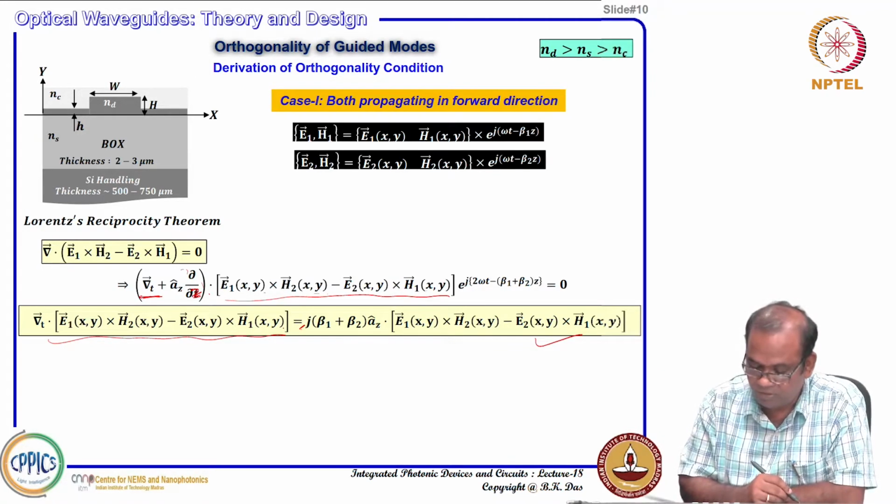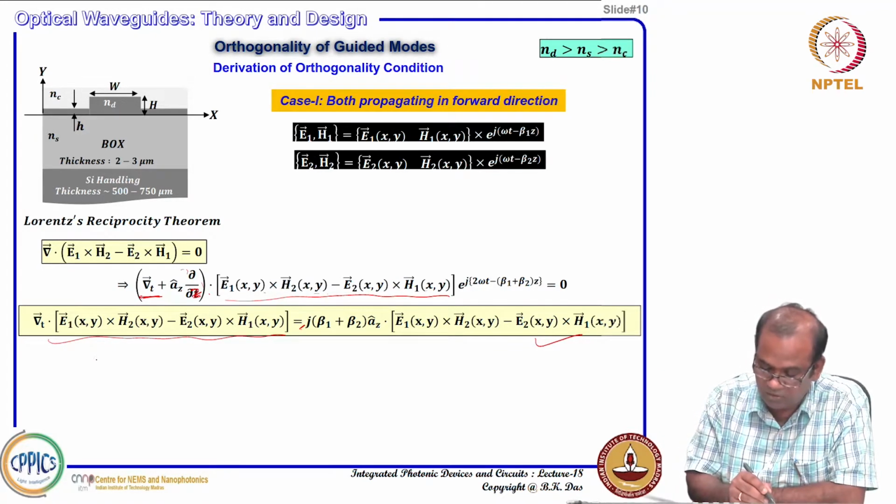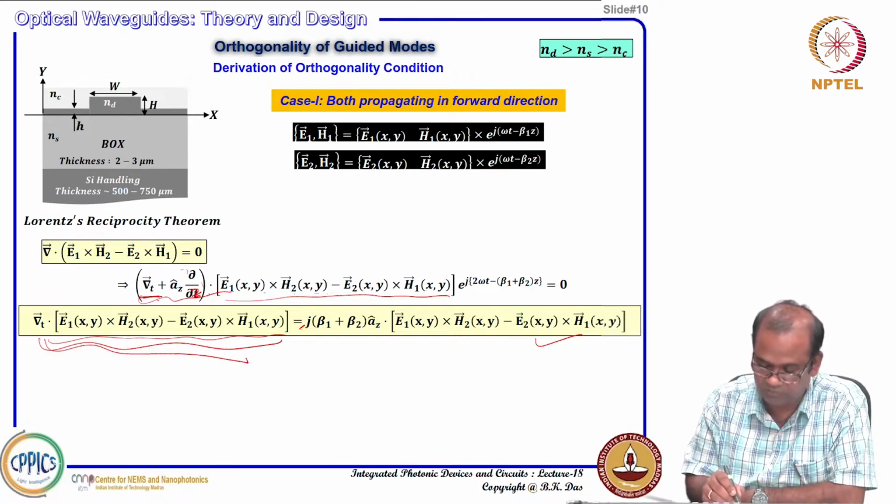Okay, so what I am writing, I am just operating on this one. The first term I keep as it is, because it is a transverse del xy. Whatever the value is there, that derivative will be there. I just kept it as it is. And this one, if you operate on that, this is the z dependent function. So minus j beta will be there, right?